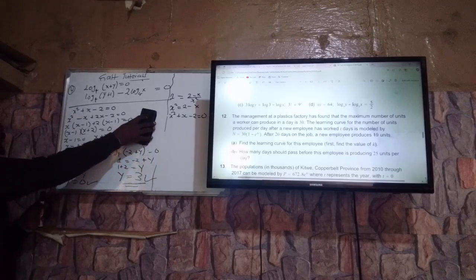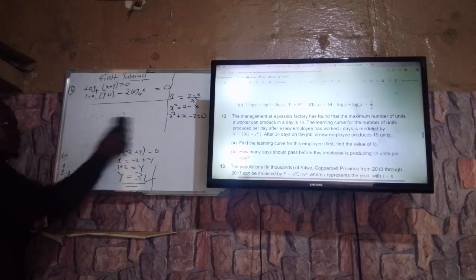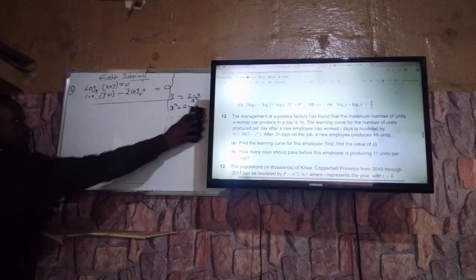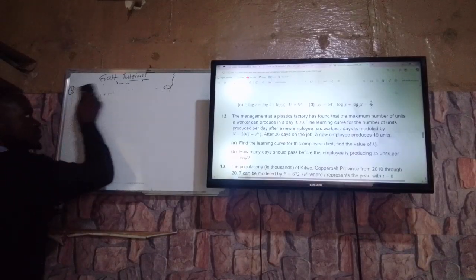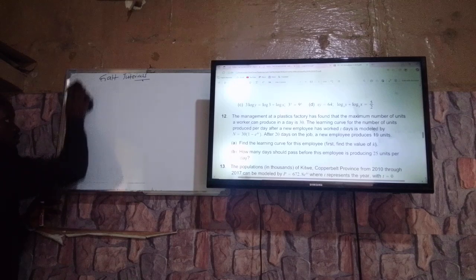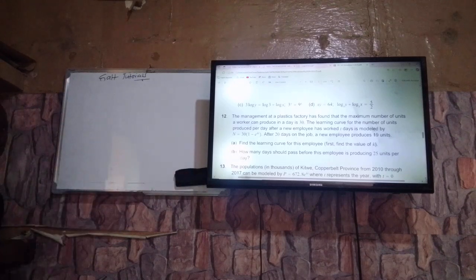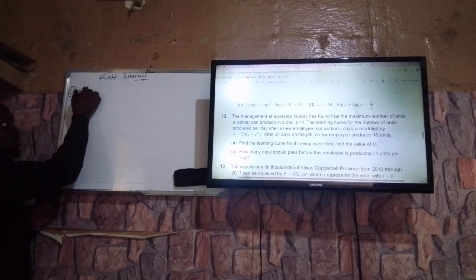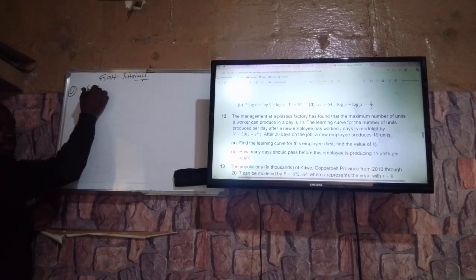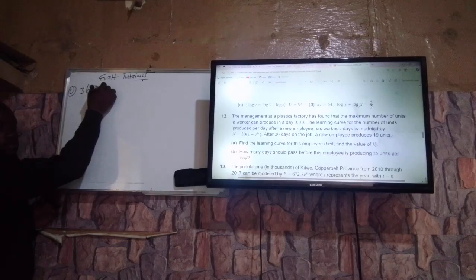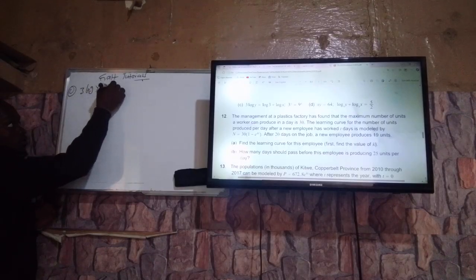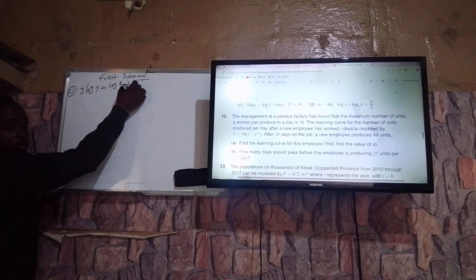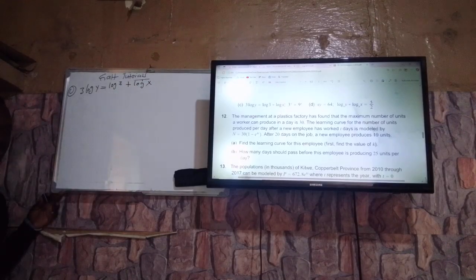So, let's look at C. Let me give hints on C. So C says, if we have 3 log y to be equal to log 3 plus log x, that's the first equation.